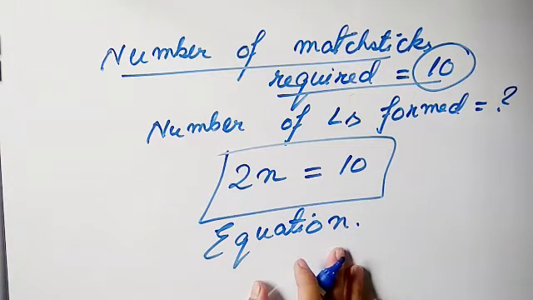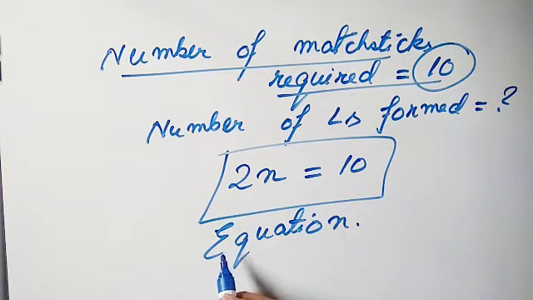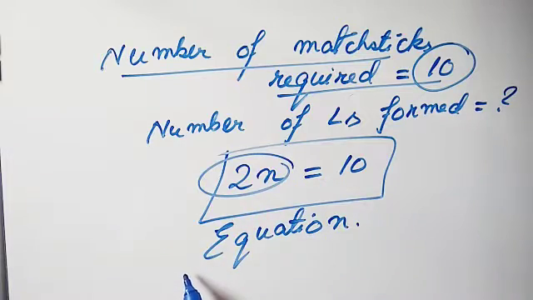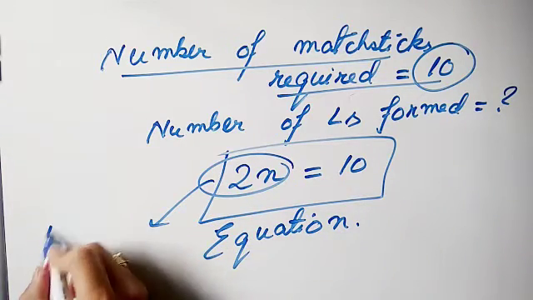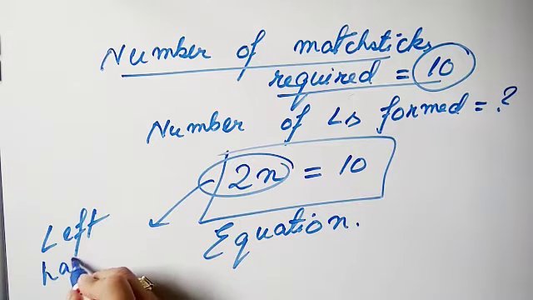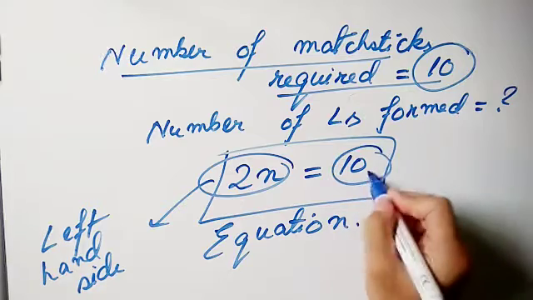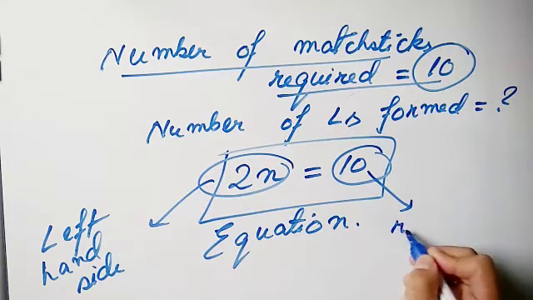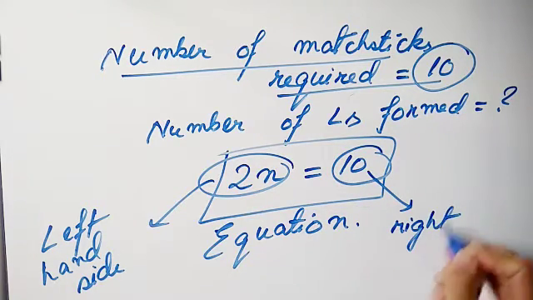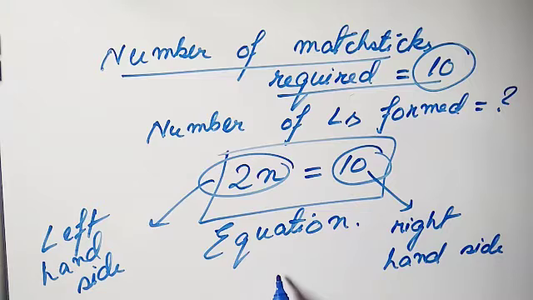So an equation is just a mathematical statement that proves that the two things are equal, which means that the value on this side, which will be called left hand side, and the value on this right side, which is called right hand side, will be equal.